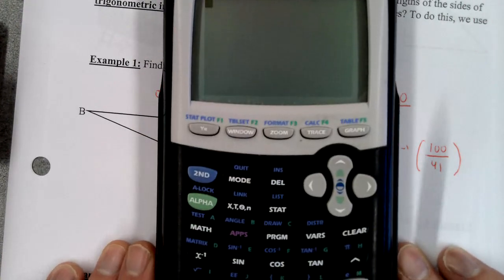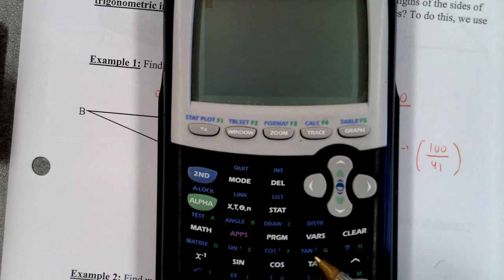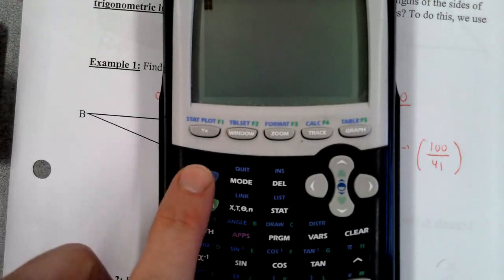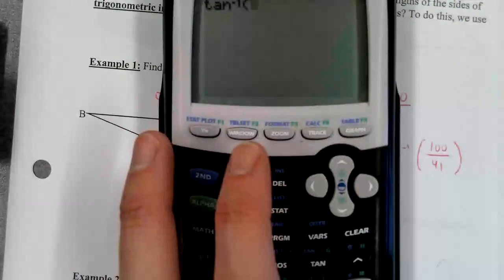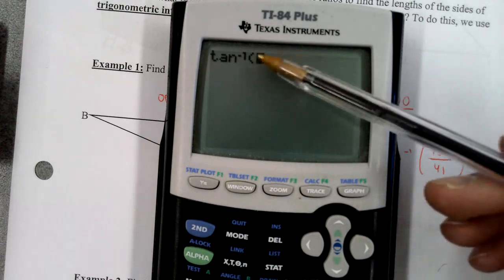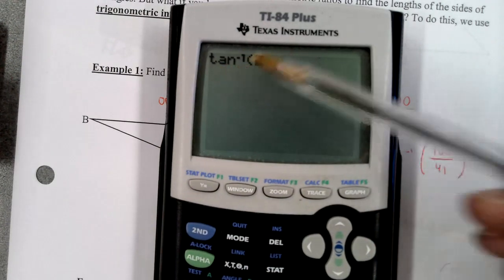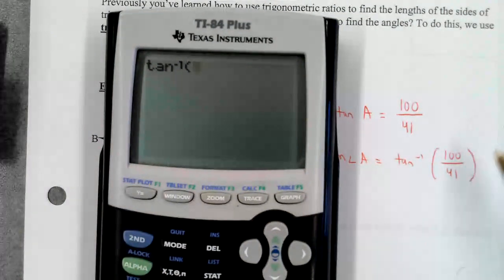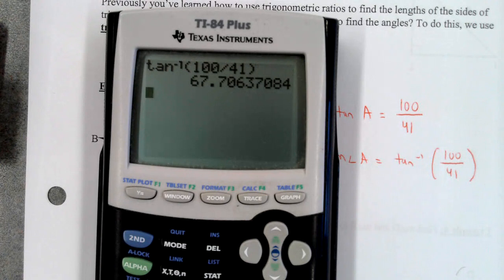For my calculator, it's in blue. Tangent -1. I don't know how well you can see that in the video. But I'm going to hit second tangent, and this is what comes up on my screen. Tangent -1 right there. I'm going to type in 100 divided by 41, and that's the answer.